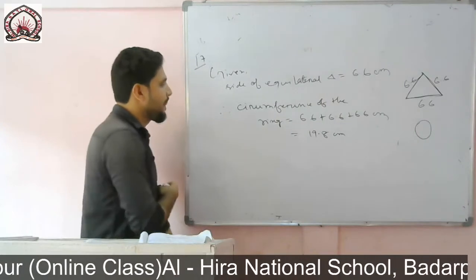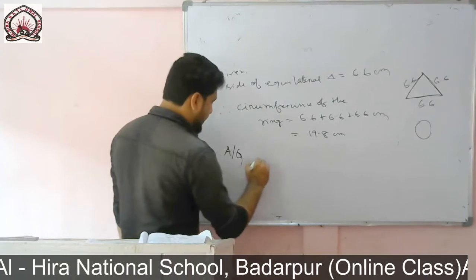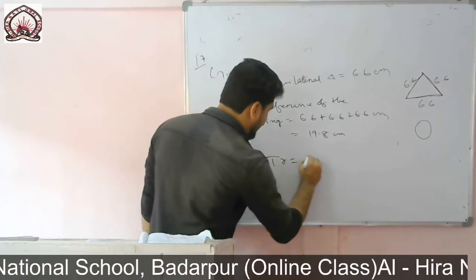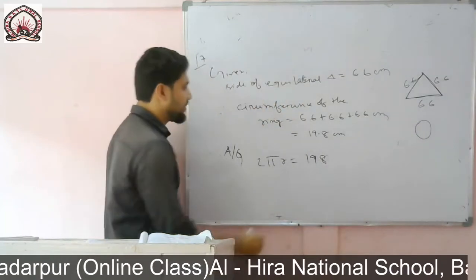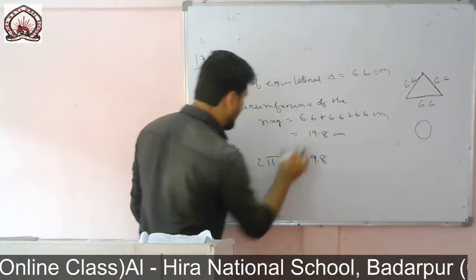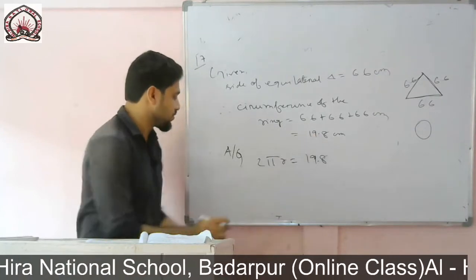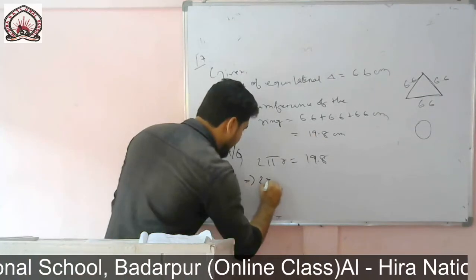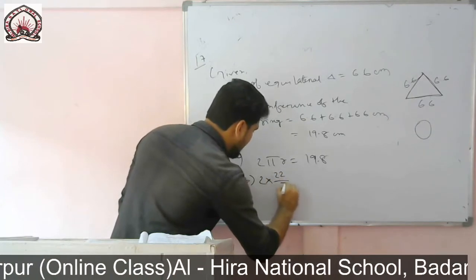This equals, so I can write according to the question, 2 pi r equals 19.8. Because the circumference of the circle, we know, is this one. So you can write the circumference of the circle equals this value. Now you can put values here: 2 into 22 by 7 into r.